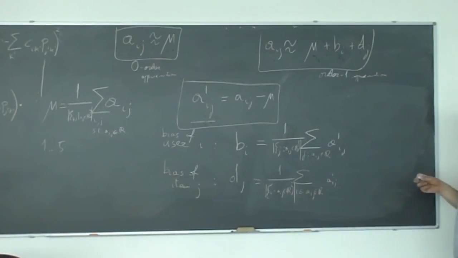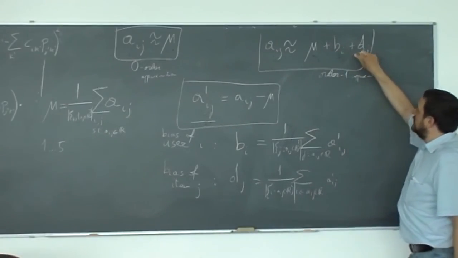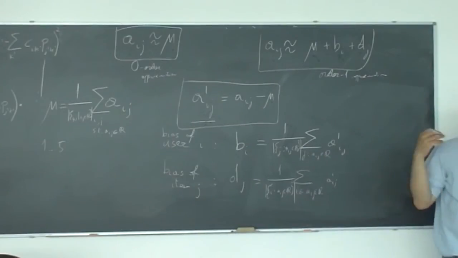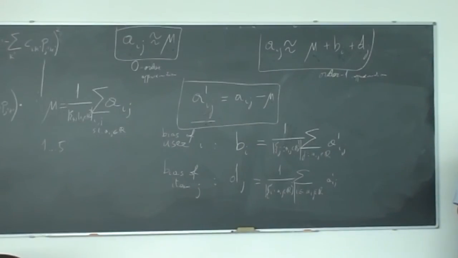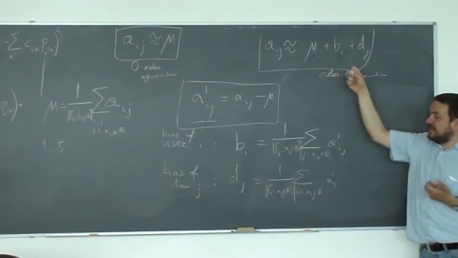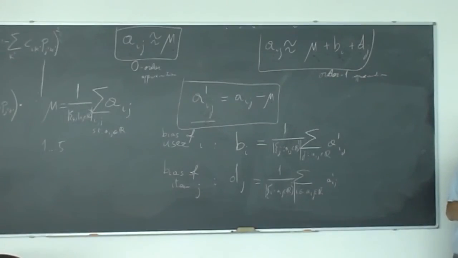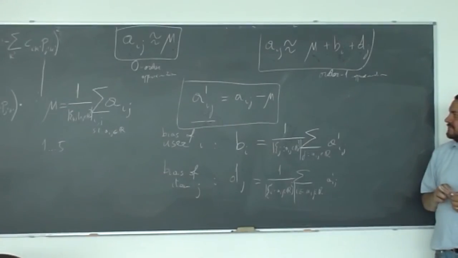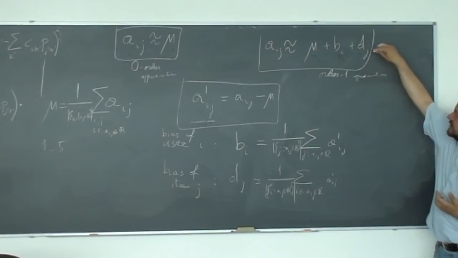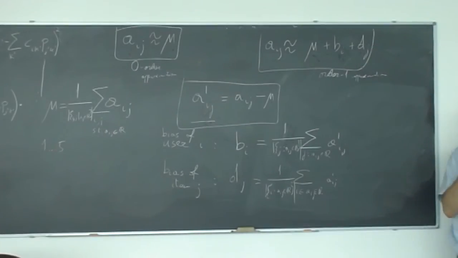So you are adjusting the vote depending separately on the users and on the items characteristics. What's missing here, the important information that is missing, is the interaction between users and items, which is exactly what we have done before when speaking of SVD.